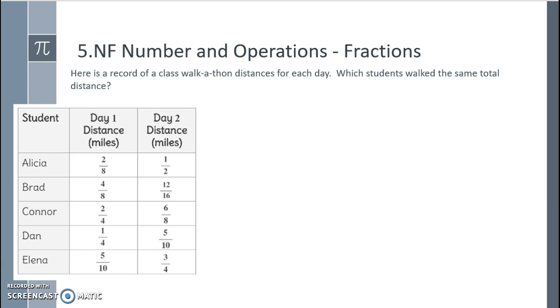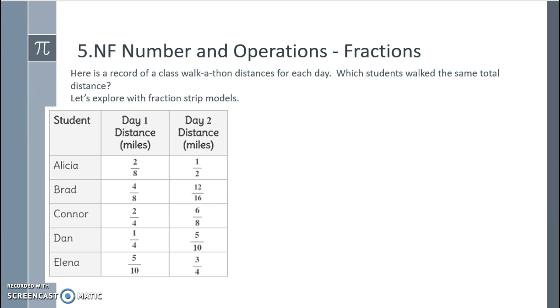Here's a record of a class walkathon, distances for each day. Which students walked the same total distance? We're going to explore this using fraction strip models.